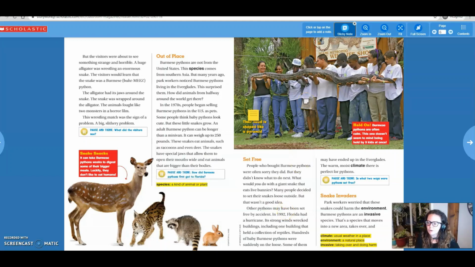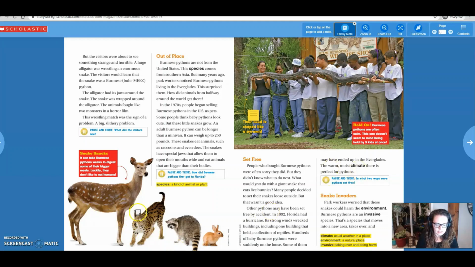All right, and it says, Burmese pythons are often calm. This one doesn't seem to mind being held by 9 kids at once. And I see some subheadings here, little headings that say Out of Place, Set Free, Snake Invaders.